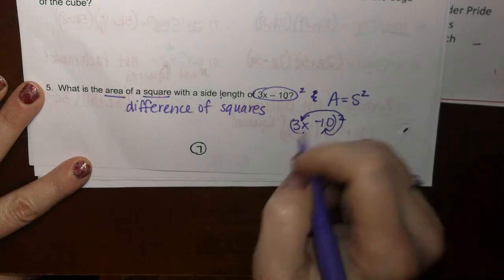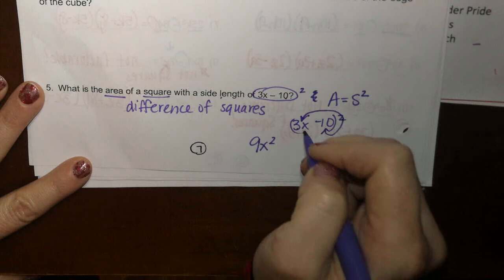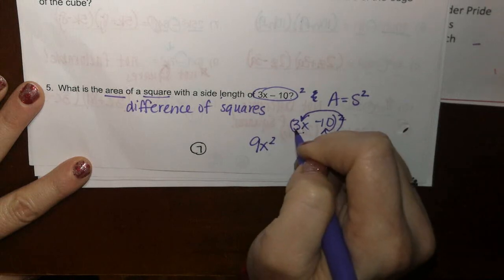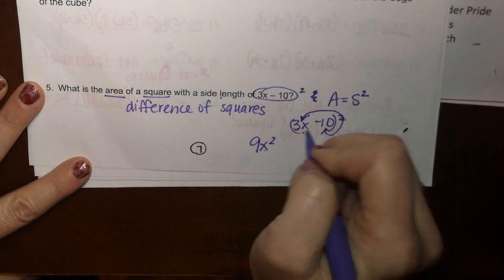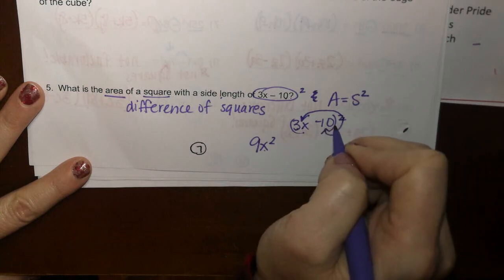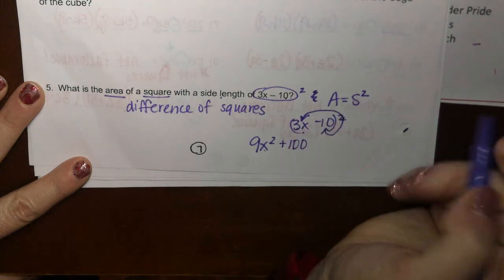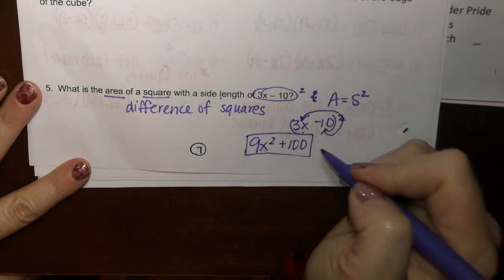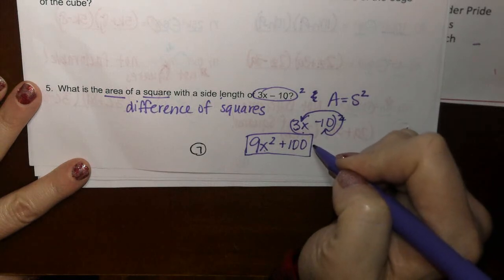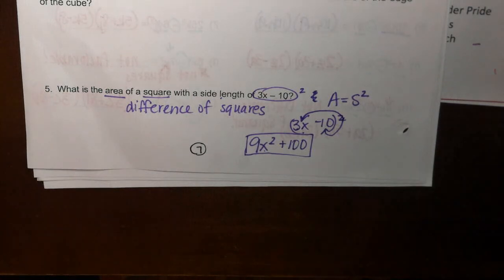So you have 3x, that's squared. 3 squared is 9, and then x squared. 3x squared is 9x squared, or 3x to the second power, I should say. And then a negative 10 to the second power is a positive 100. So this is the area of the square.